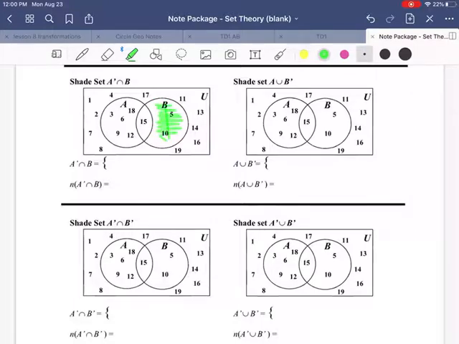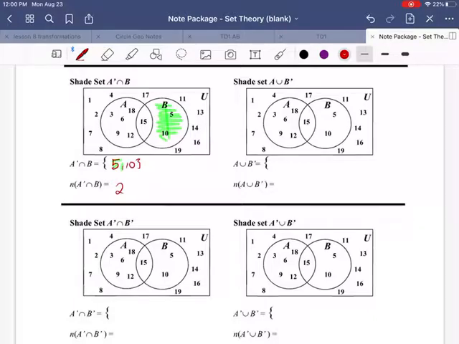Because 5 and 10 are part of the universal set, but they're the only parts of B that are going to be included in the complement of A. So we get 5 and 10. So there's 2 elements in the complement of A and the intersection of B.